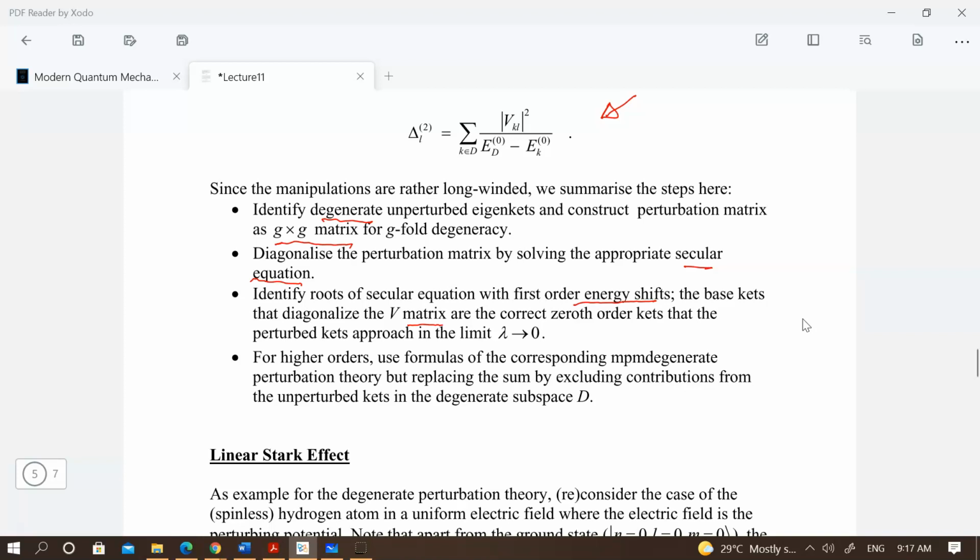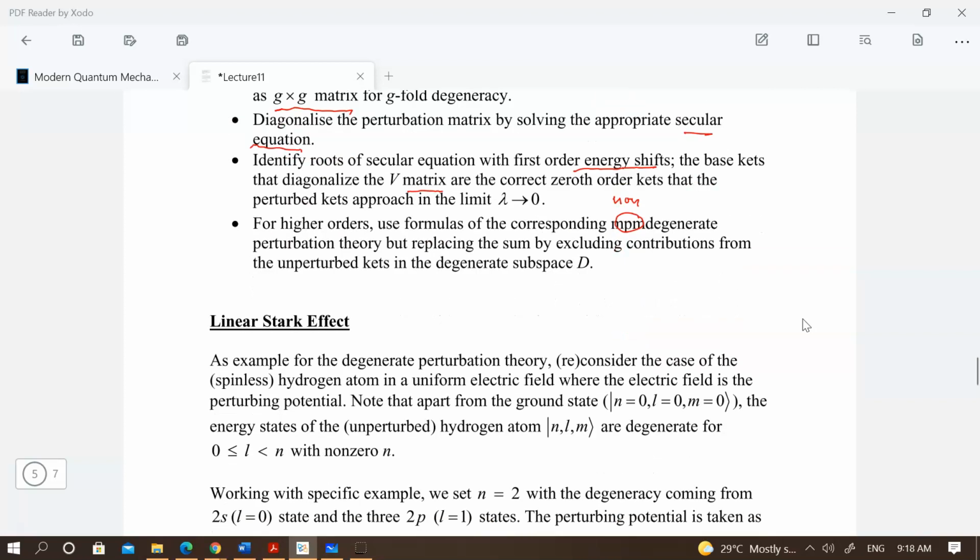Then you use again the non-degenerate perturbation theory that you've seen before. You can use all the formulas apart from the case that your sum is now excluding contributions from the degenerate subspace. Okay, so these are the complications that come from having the state space divided into two. One is the degenerate subspace, and the other one which is not degenerate. Okay, right.